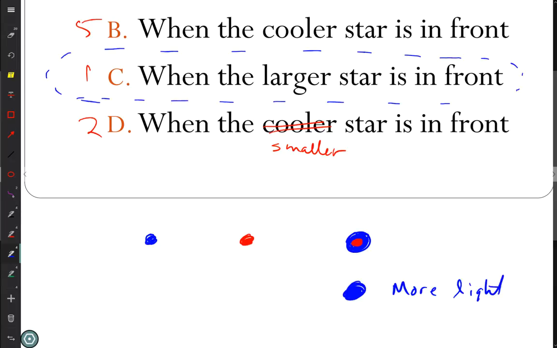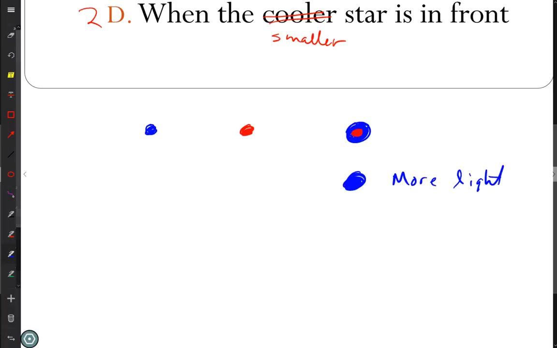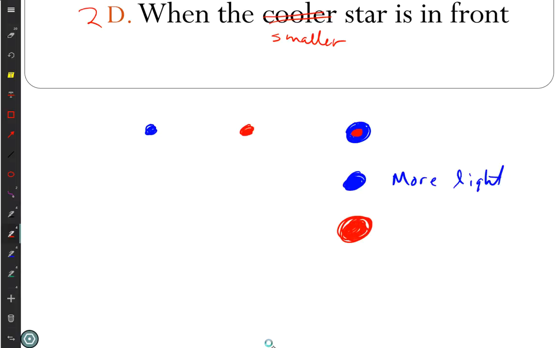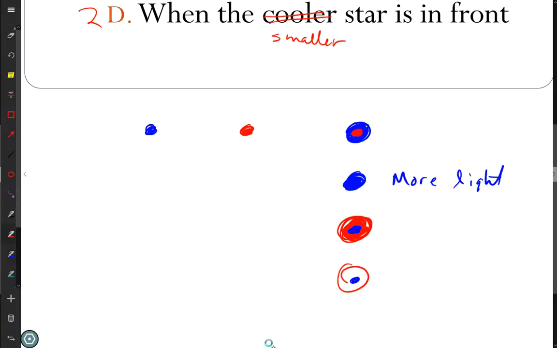because you're seeing the same area in these two cases, but you're seeing all of the hot one here, not seeing the cool one. Now we could reverse this. What if the sizes are opposite? So what if we have the big red one with the little blue one in front, or the little blue one with the big red one in front.